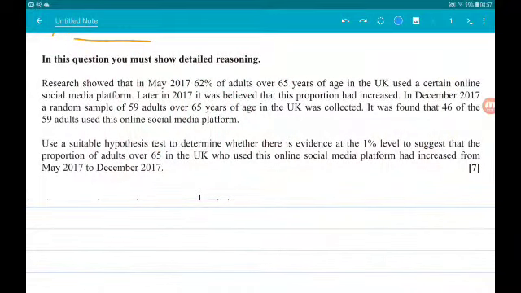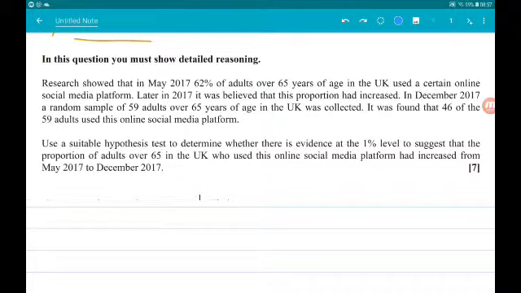Okay, question 9, a 7-mark hypothesis test. Research showed in May 2017, 62% of adults over the age of 65 used a certain social media platform. Later in 2017, it was believed that this proportion had increased.